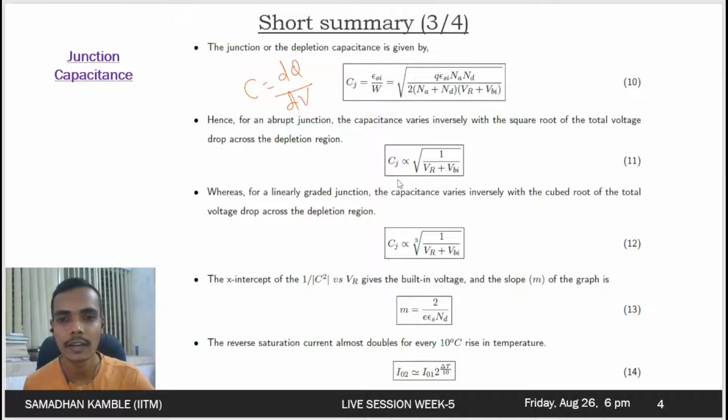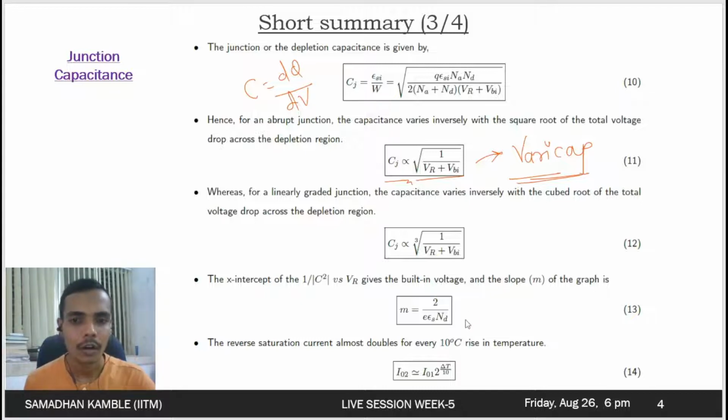As you can see here, the capacitance varies inversely with the applied reverse bias voltage, so the value of capacitance can be controlled by using different reverse bias voltages. The varicap basically works on the principle of junction capacitance in the reverse bias case.